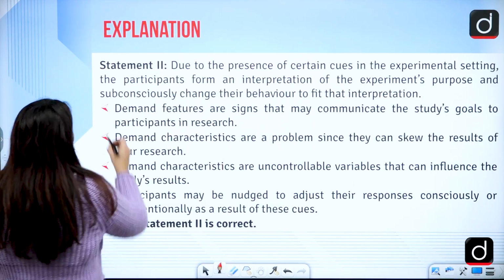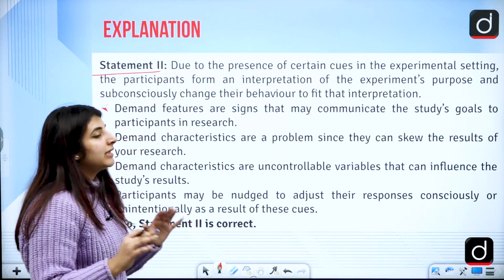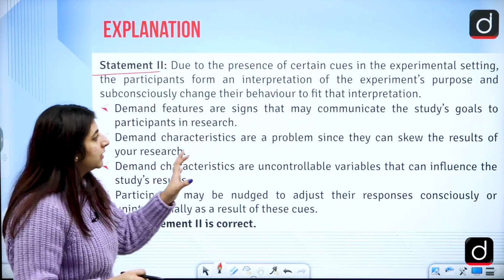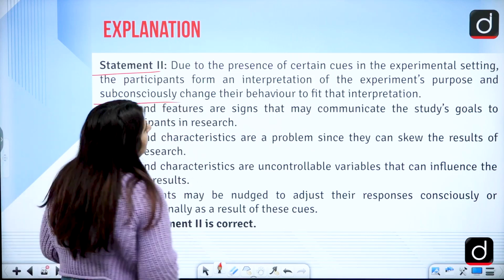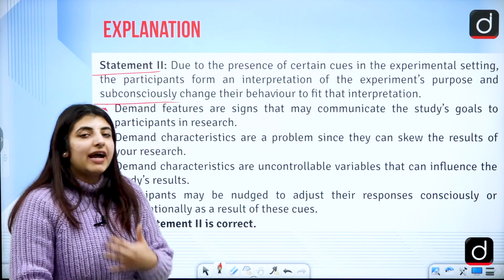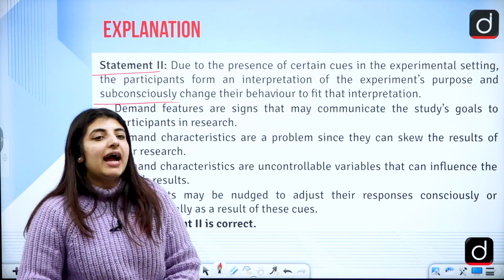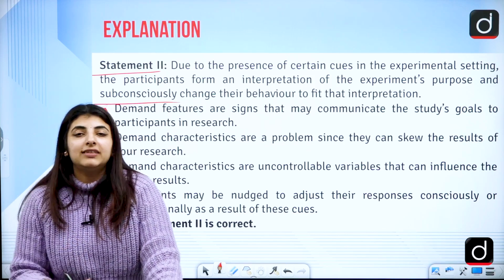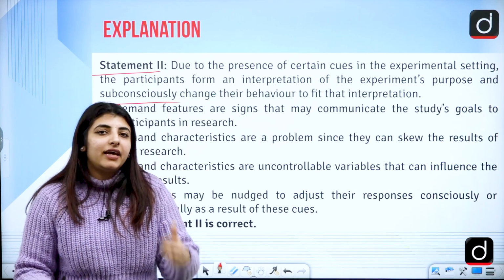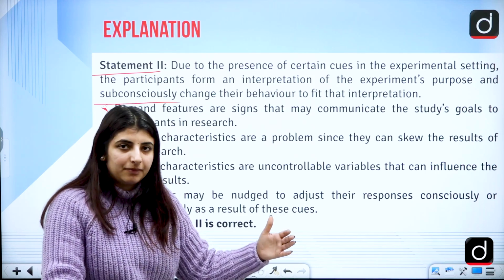Let's see statement 2, which says, due to the presence of certain cues in the experimental setting, the participants form an interpretation of the experiment's purpose and subconsciously change their behavior to fit that interpretation. Obviously, if I am going as a participant in some other person's research, and I see that he wants me to answer yes only, whatever I have been asked, I have seen that there are particular people who were just answering yes, yes, yes, yes.